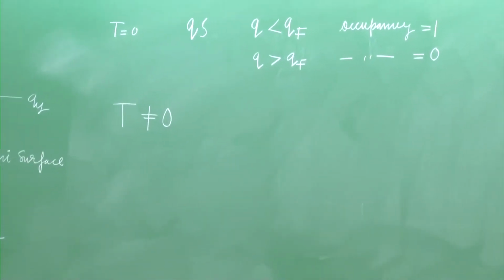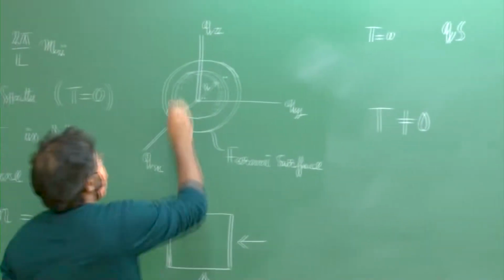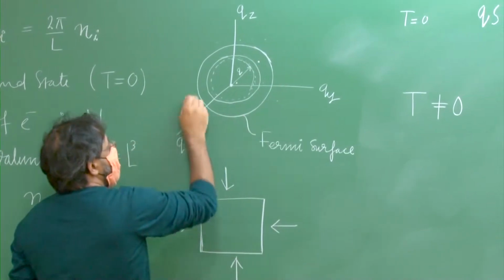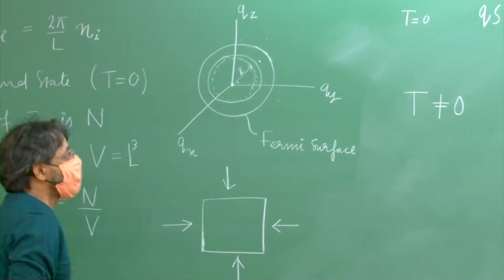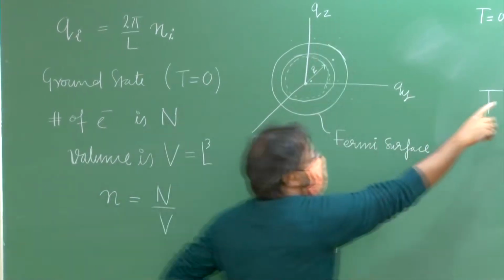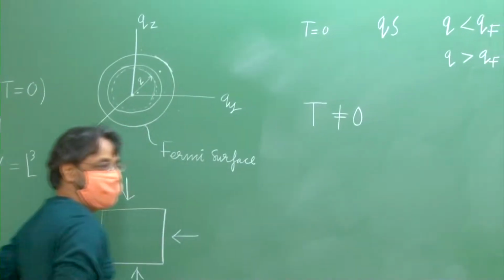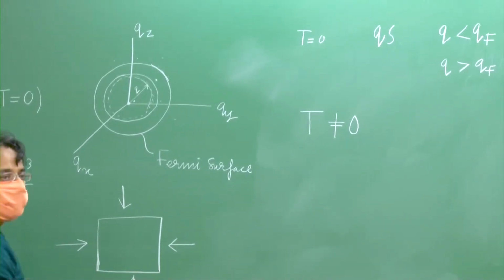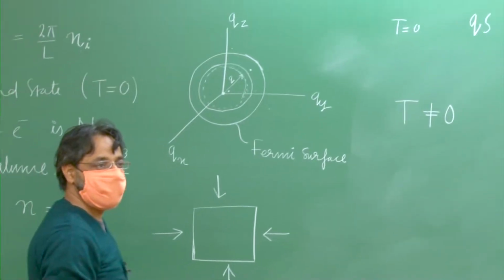What will happen? So, just look at this Q space, the wave vector space. So, last time also I gave you the hint. At 0 temperature, this surface is very sharp. This demarcation is very sharp, right? Below QF, all filled. Above QF, 0 filling, right?